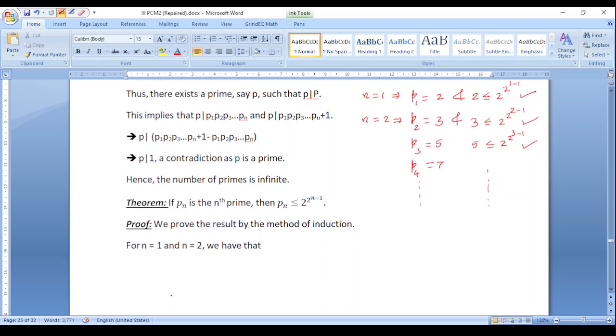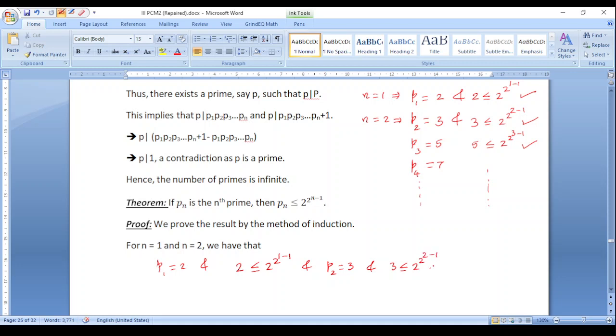So P1 is going to be 2, and of course 2 is less than or equal to 2 to the power 1 minus 1, and P2 is going to be 3, and 3 is less than or equal to 2 to the power 2 minus 1.